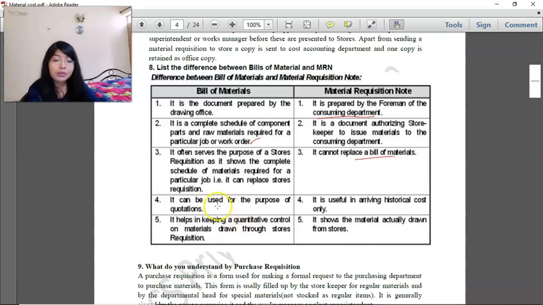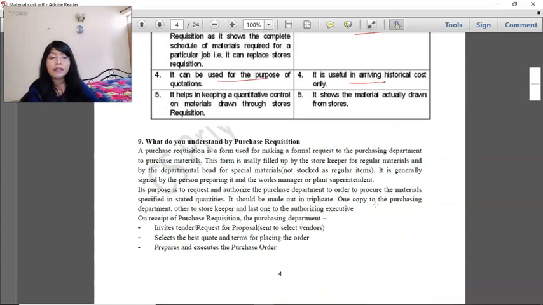The bill of material will be used for the purpose of quotation, so on the basis of it the quotation will be sent by the purchase department to the supplier. A material requisition note is useful only in arriving at historical cost. You cannot use it for the purpose of placing an order.